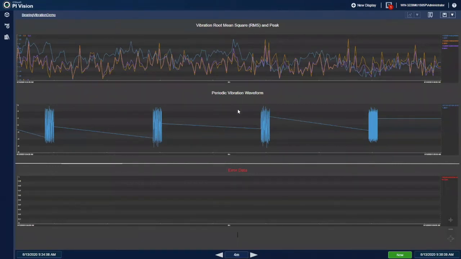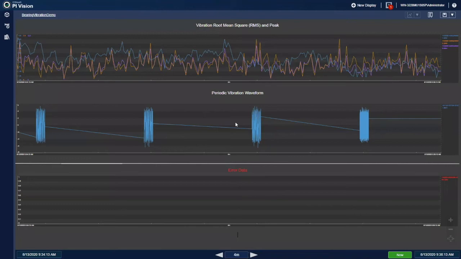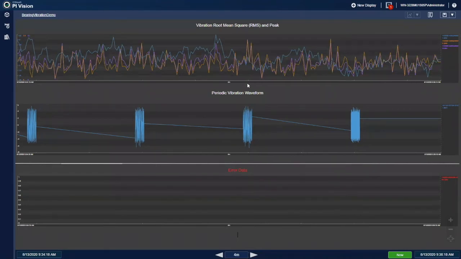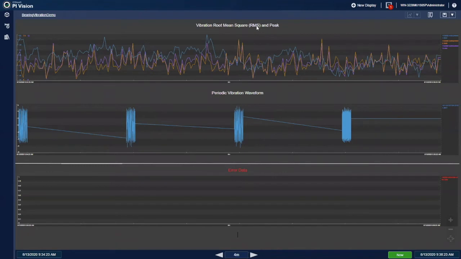Within the Fledge system, we're collecting raw high-frequency data at 8 kilohertz and processing that data at the edge to provide both RMS, or root mean square analysis, as well as fast Fourier transform analysis, and sending that data forward.